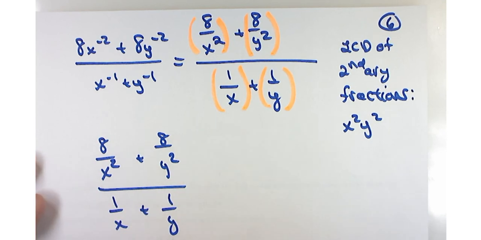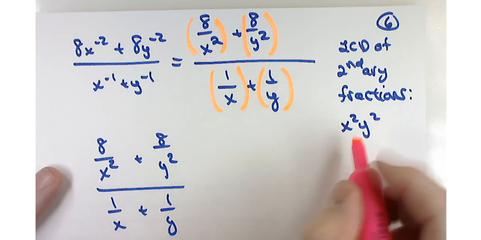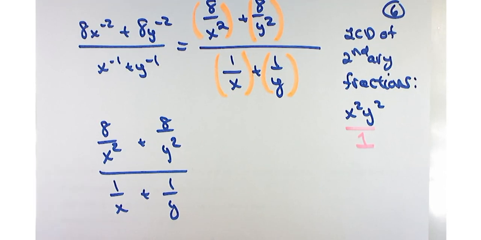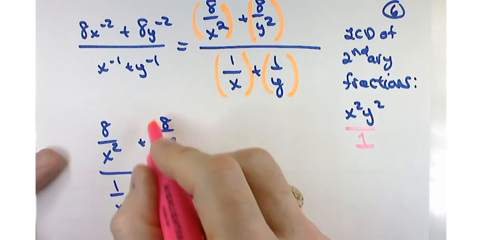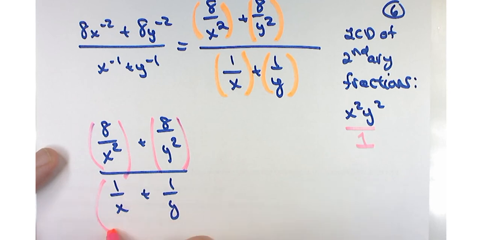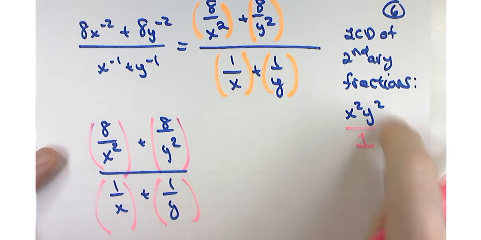We're going to multiply each of those by this LCD. To make it a little easier, let's think of that LCD as being something over 1. So each of these secondary fractions is going to get multiplied by the LCD.